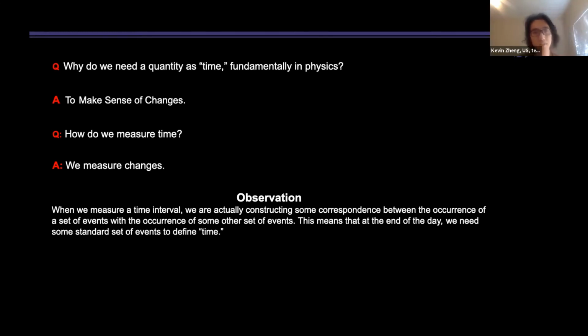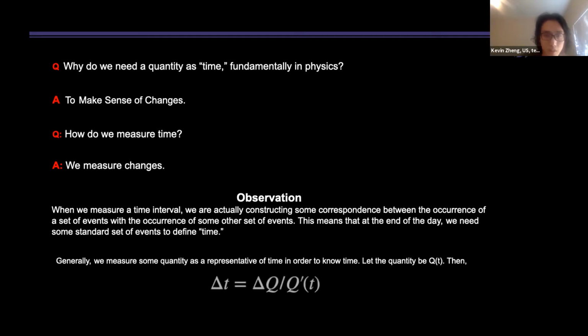For example, with an atomic clock, we relate the oscillation of the atoms to some other events that we want to measure. So here's our key formula for the whole problem: the time interval is equal to the change of some quantity divided by the rate of change of that quantity.